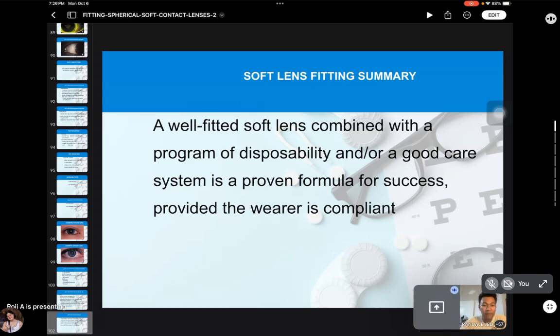Lastly, for soft lens fitting summary, a well-fitted soft lens combined with a program of disposability and or good care system is a proven formula for success.